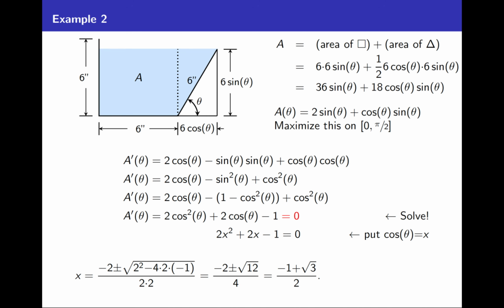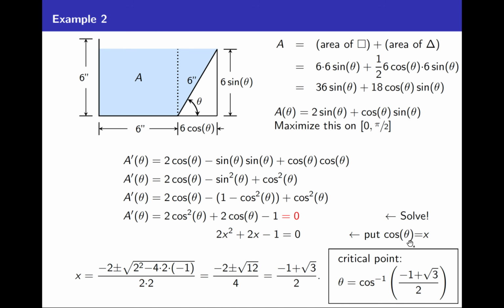And we need to find the value of theta that makes that true. Just take cosine inverse of both sides of this equation to isolate the theta. We get theta equals cosine inverse of x, where x is negative 1 plus square root of 3 over 2. So our critical point, our only critical point, is theta equals cosine inverse of this expression. So all of this work just to find our critical point.